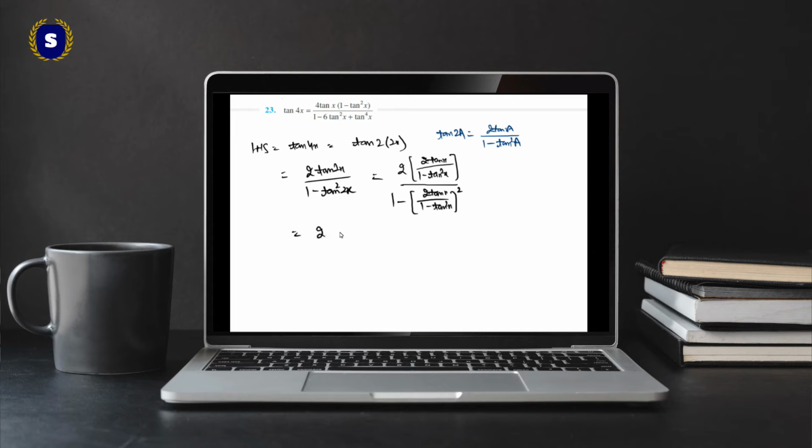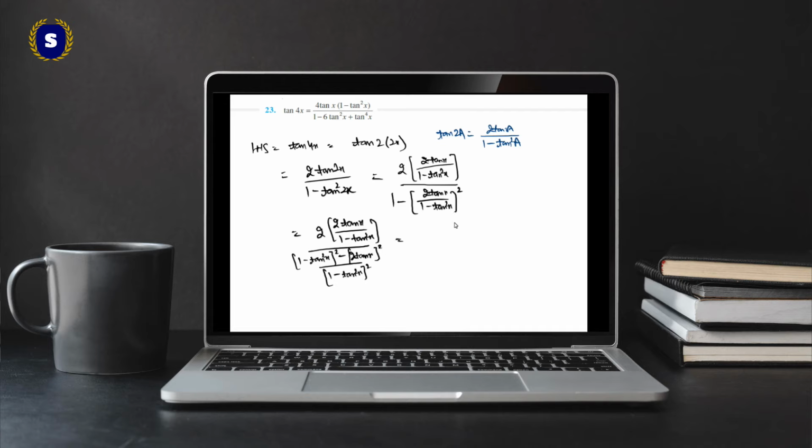Let's keep the numerator as it is for the time being so that you don't get confused with the calculation. Let's take the LCM here: 1 minus tan square x whole square minus 2 tan x square.